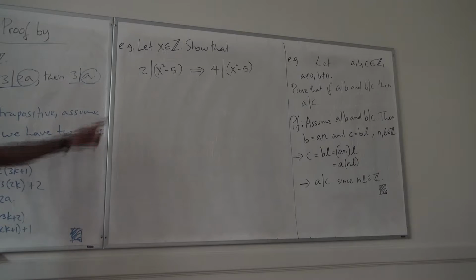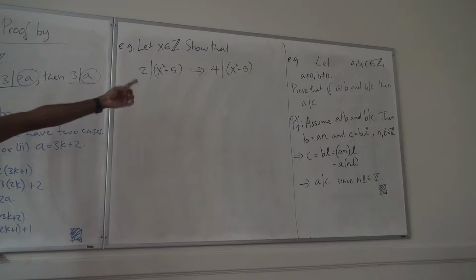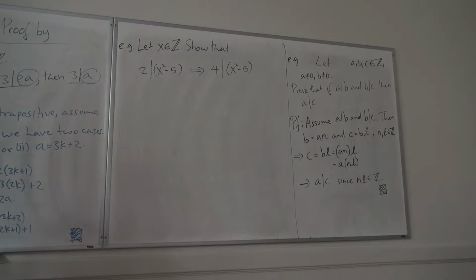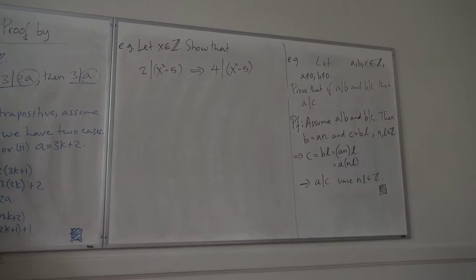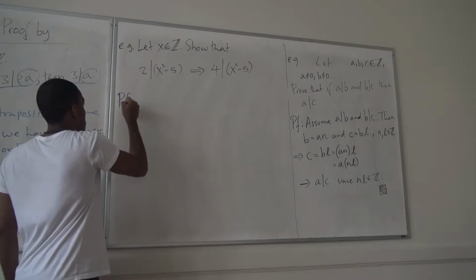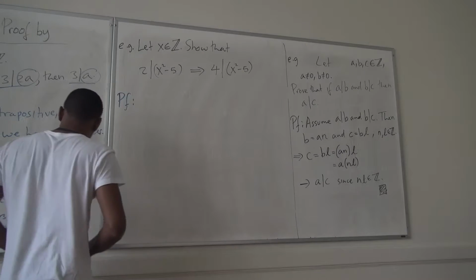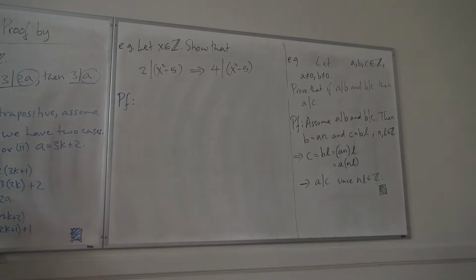Note that the statement is not true in general. Just because something is divisible by 2 does not mean it's divisible by 4. But we're saying this particular integer, if it's divisible by 2, it's also divisible by 4. Ideas?